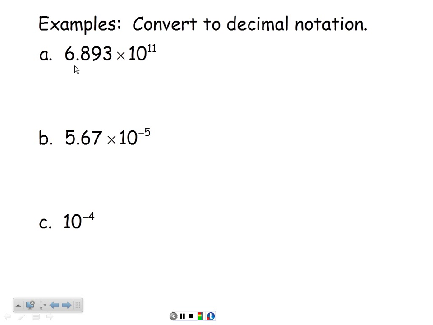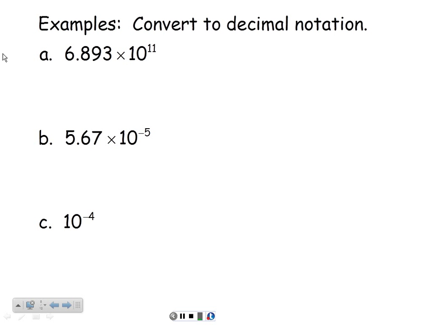If I move the decimal to the left, that's going to give me another decimal, and that's not what I need. But if I start moving that decimal point to the right, my number starts getting bigger, because if I go here, it's 68, 689, 6,893, and so on and so forth. And so that's what I need to do. I need to move the decimal 11 places to the right.